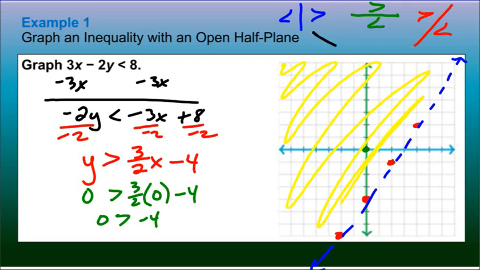And if I have a line going down, so a negative slope, then this would be less than, this would be the greater than. So either way, knowing that greater than is above the line or to the right of the line, and less than is below the line or to the left, or just choose a test point.